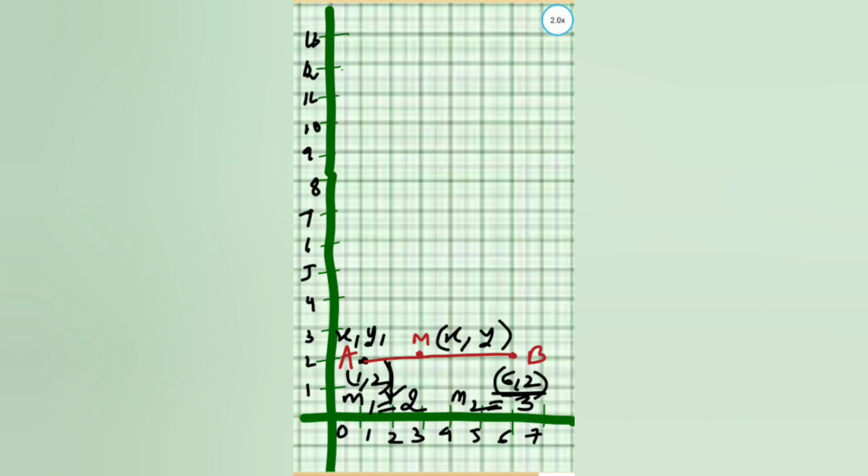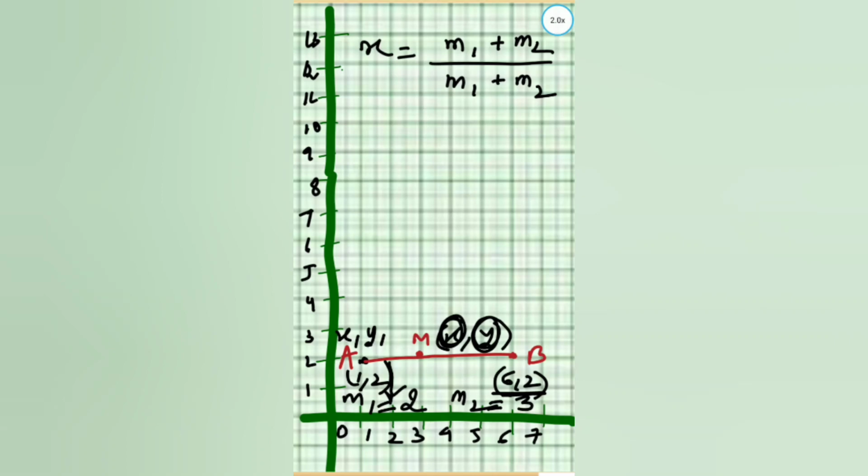Now let me tell you the formula for how to get x, and then how to get y. So x equals, remember the formula in this very simple way: m1 plus m2 divided by m1 plus m2.